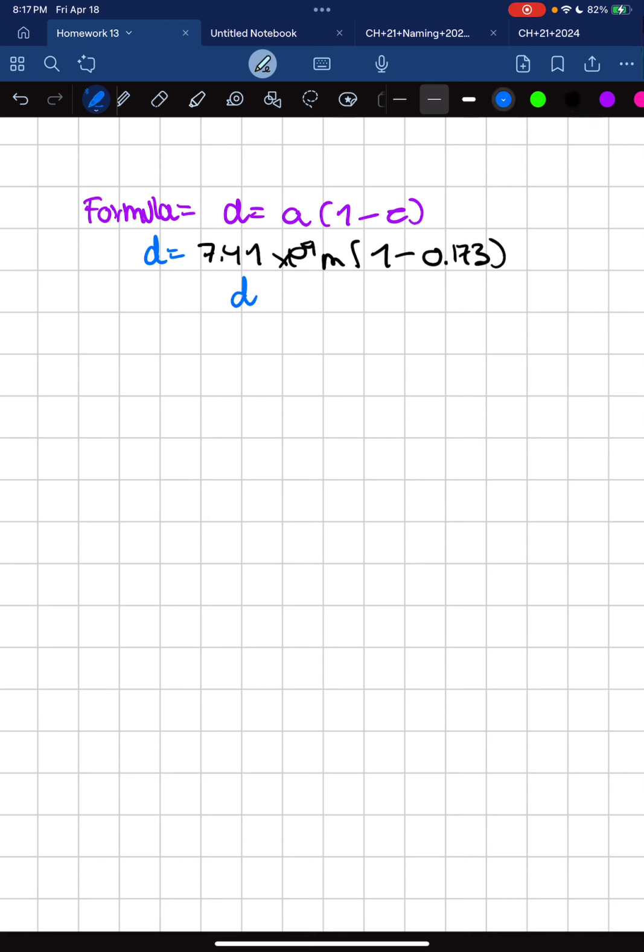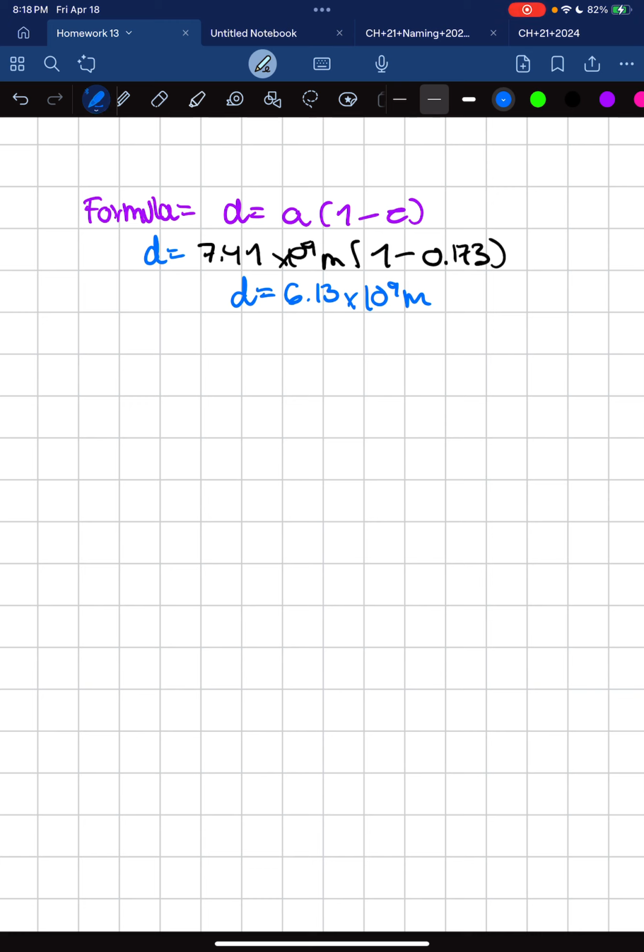And this is really simple. We put that in our calculator, and we get that the distance is going to be 6.13 times 10 to the 9 meters. And that's going to be our radius, or our distance of the planet. Now they're asking us to find the mass.